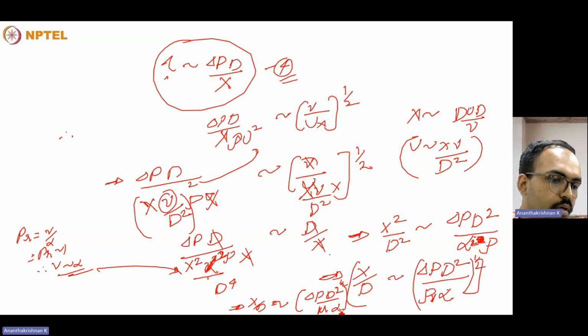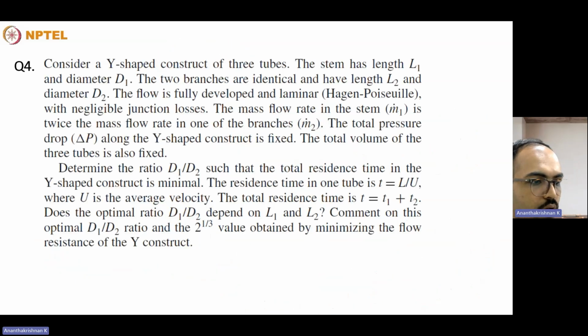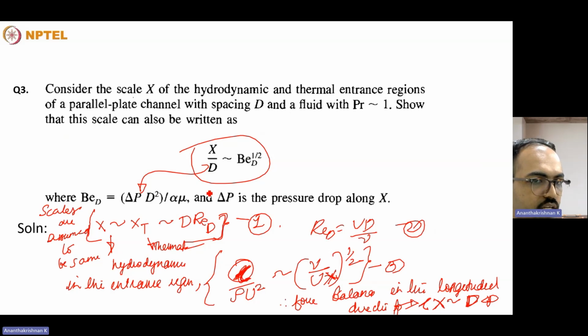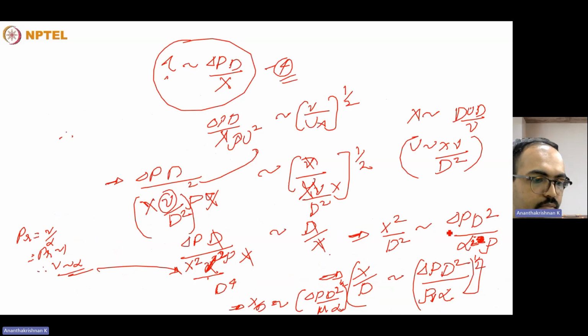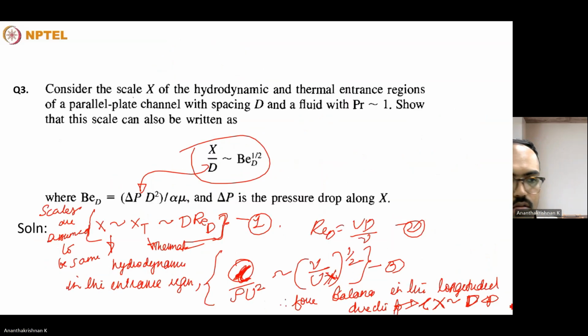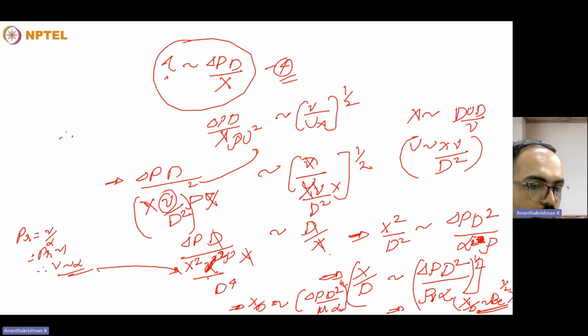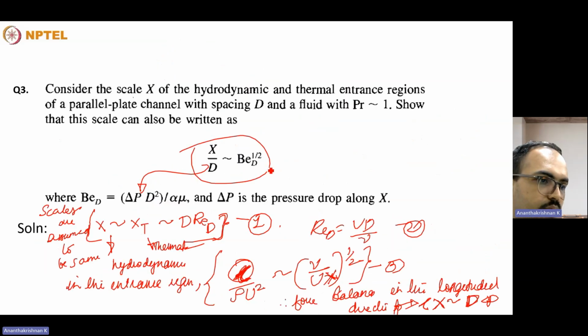So this particular term delta p d squared divided by mu alpha is the same as the Bejan number, and we can write x by d, that particular constant, is referred to as the Bejan number, a dimensionless variable, raised to 1/2. So that was straightforward. We had to represent this in terms of this.